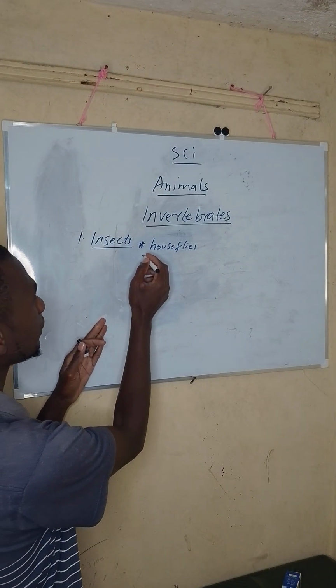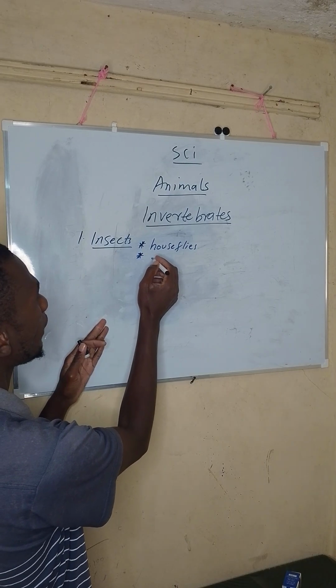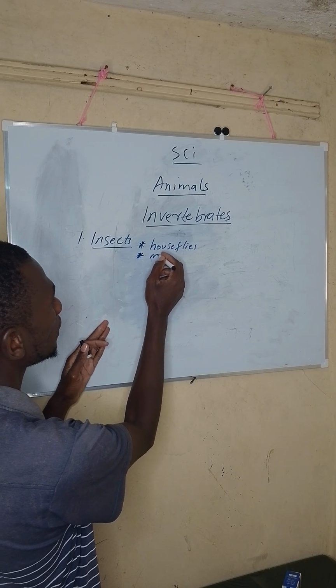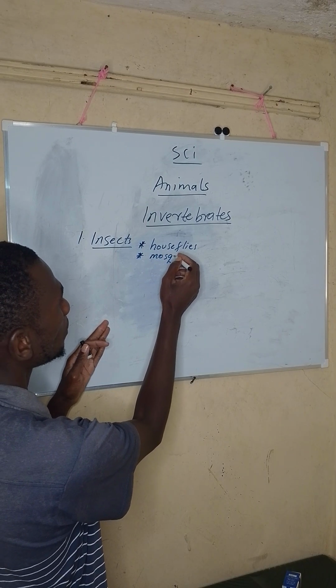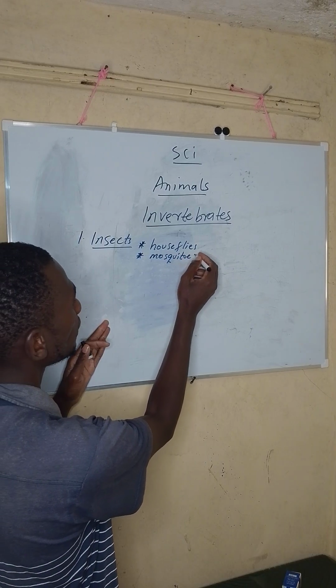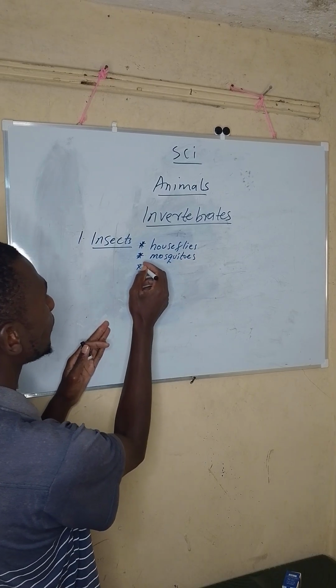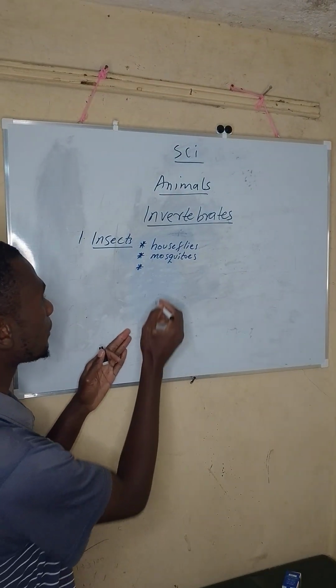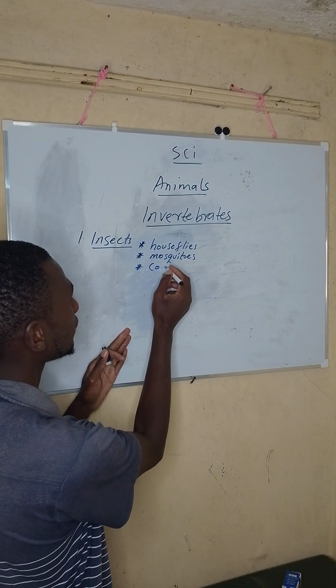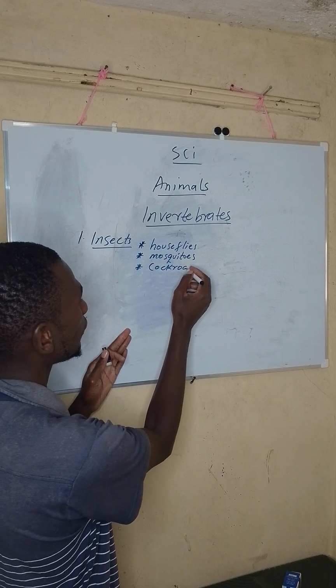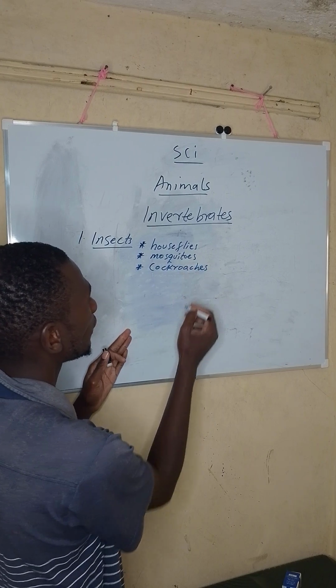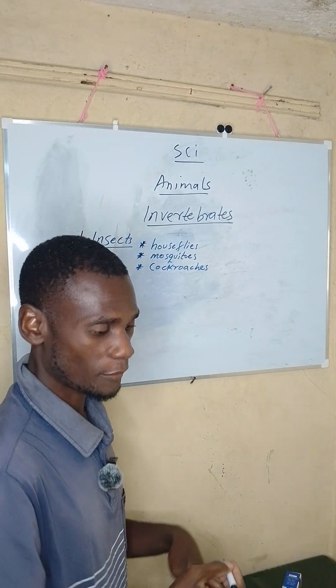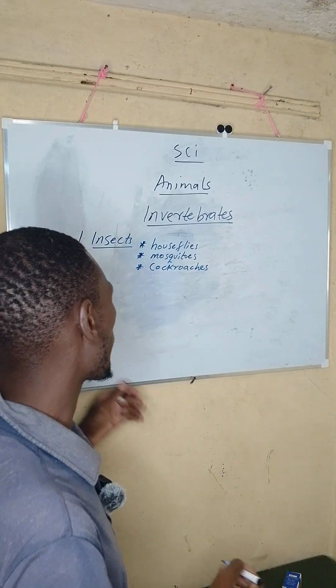Another example of an insect is mosquitoes. Mosquitoes also fall under that group. Also a very common animal. Another example is the cockroaches. Cockroaches are very common animals, very stubborn in our houses.